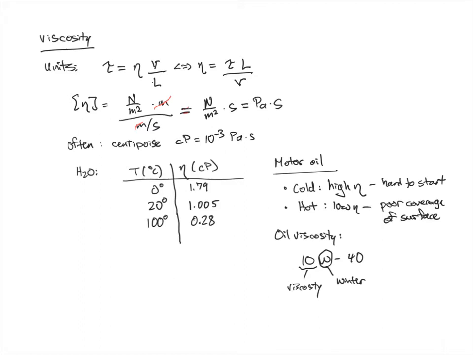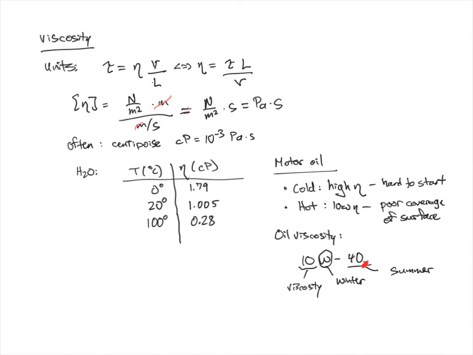The other number is for the summer. In other words, this is when it's hot out. The oil will behave like something that has a higher viscosity. So they've treated it with some chemical that reverses the usual temperature dependence, at least when the engine is just being started.